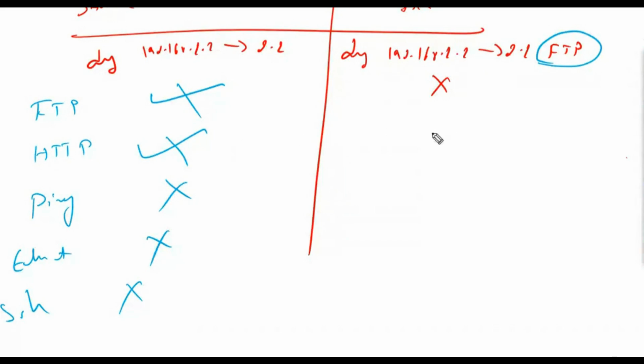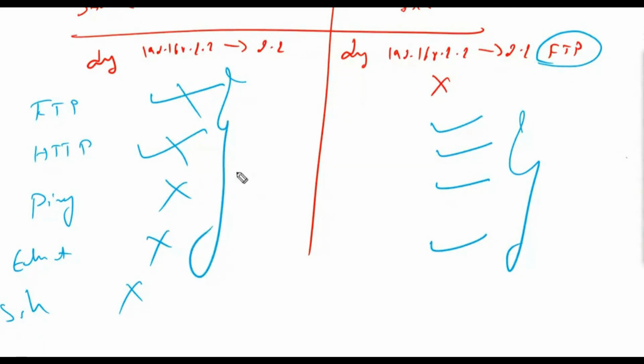The remaining HTTP, ping, telnet, and SSH you can still use. Now you got the difference. If you deny the whole network in standard ACL, it is going to deny all services, but in extended ACL, you can deny a particular service.